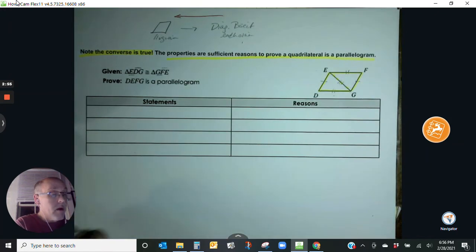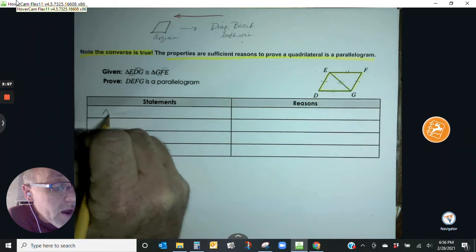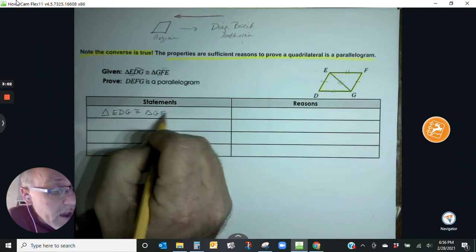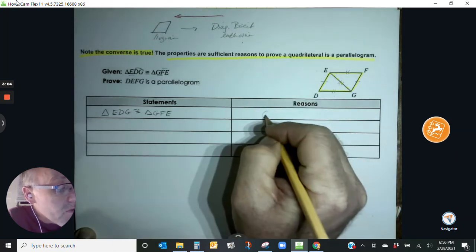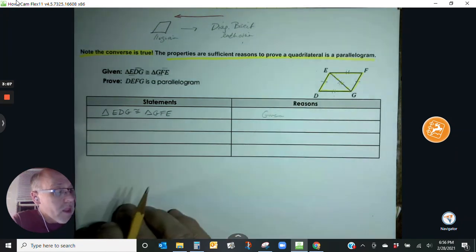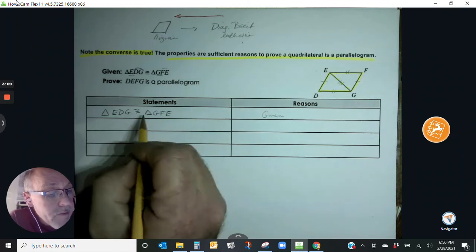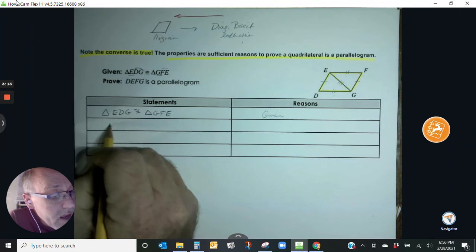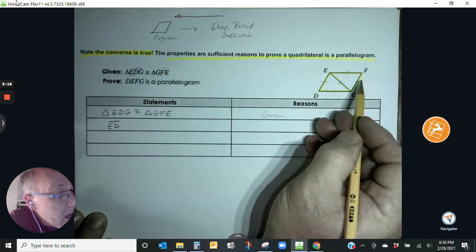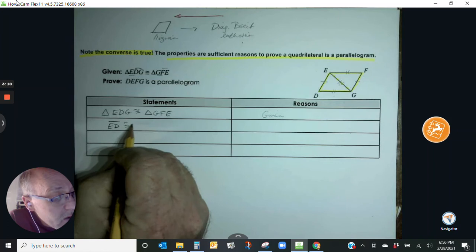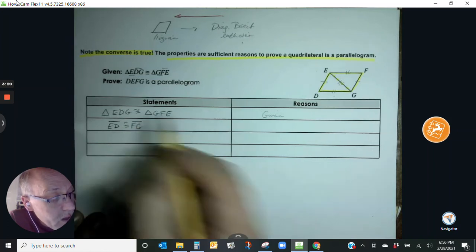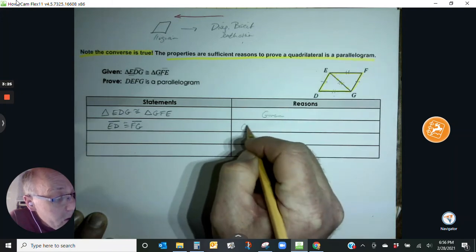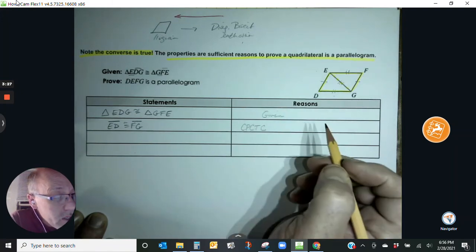So, proof. We have triangle EDG is congruent to GFE. That was given. All right. From that, we have ED is congruent to FG. Okay. And that's corresponding parts of congruent triangles are congruent.